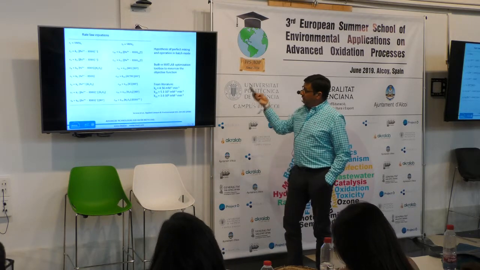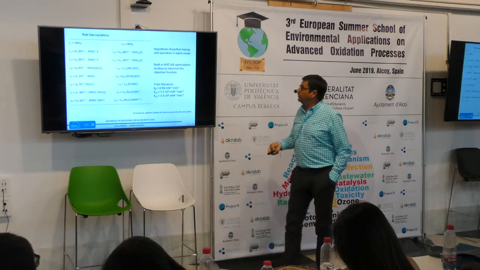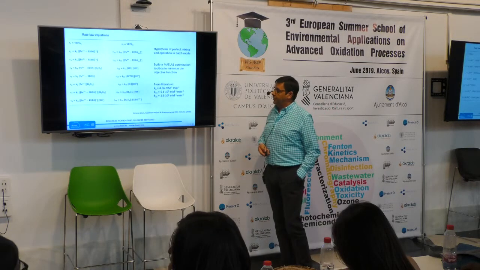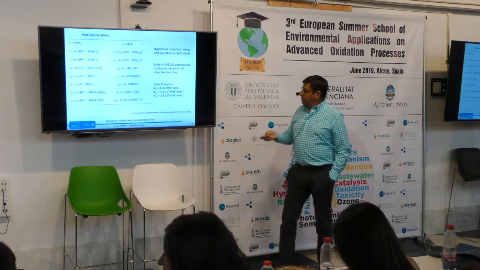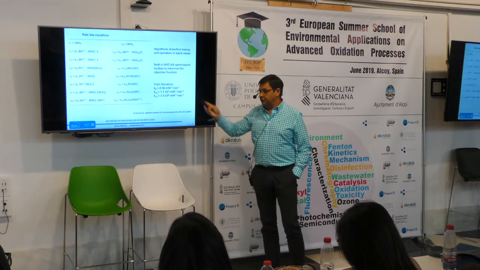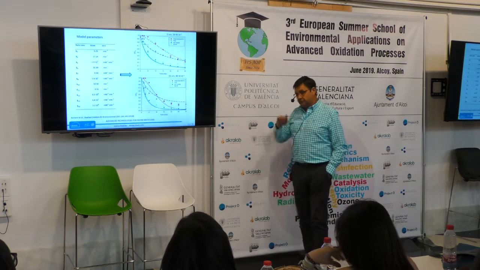To solve this system and to obtain the kinetic parameters, we use the hypothesis of perfect mixing and batch mode operation, and we solve the system with MATLAB. Three of the kinetic parameters were taken from the literature. And here we have the parameters.